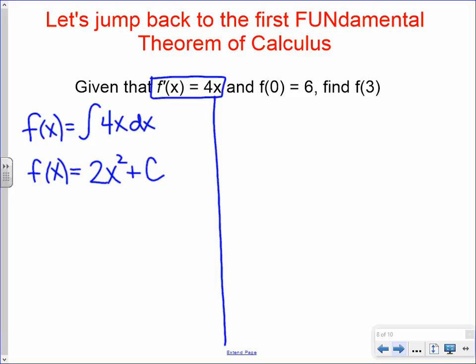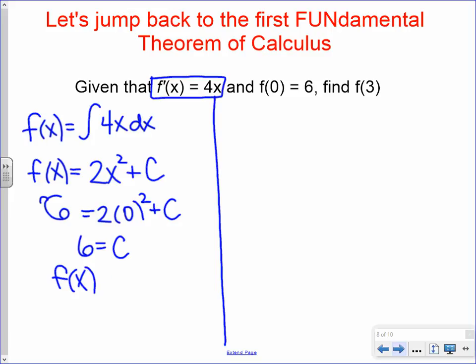Well, we know f of 0 is 6. And so that week we said, all right, we can plug 0 into x, which means we should get 6. And so we can figure out that our c value is 6. So our function, f of x, is 2x squared plus 6.